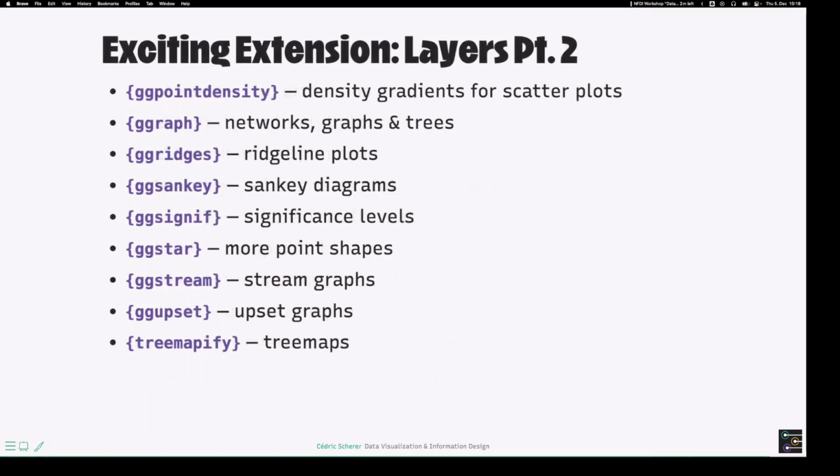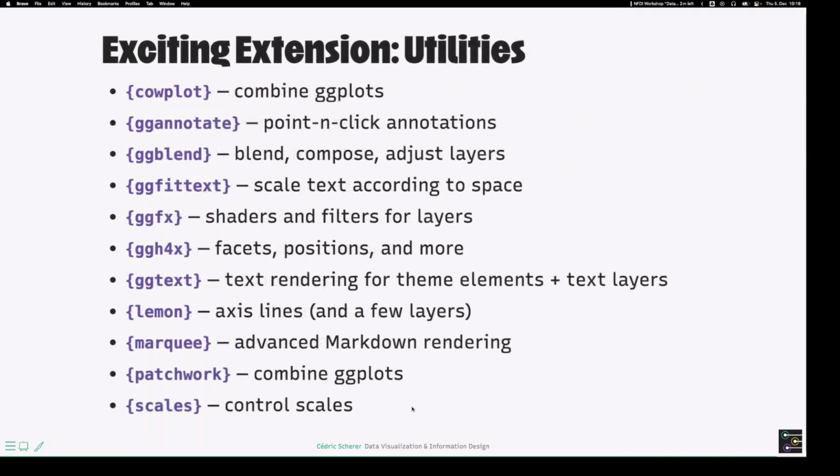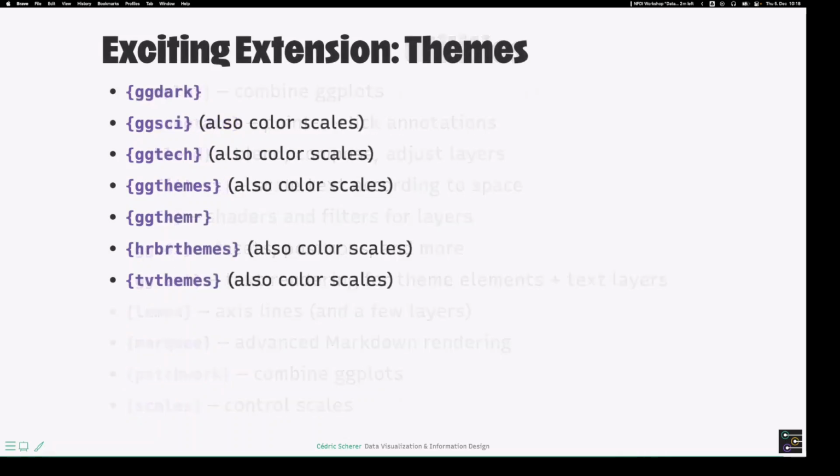Here's a continued list, some of them giving you more shapes or some other utilities. I have a dedicated utility section that's all about creating multi-panel plots or making text rendering and shaders and patterns and all this stuff. So there's lots of additional things you could do.